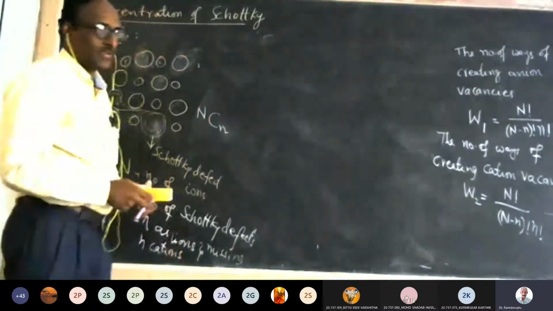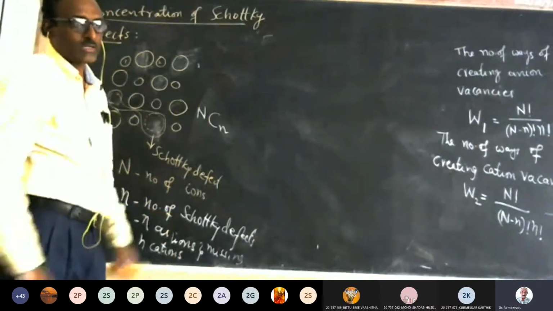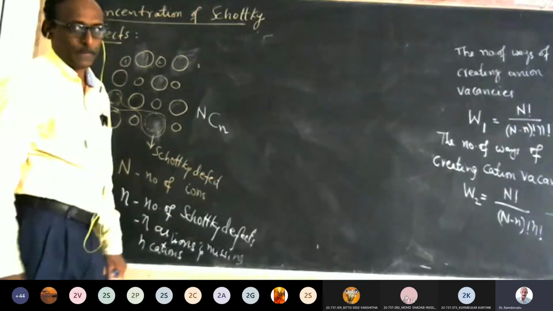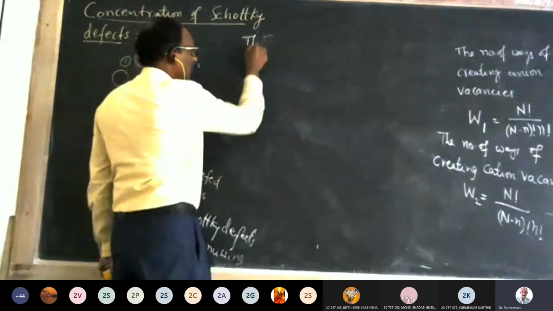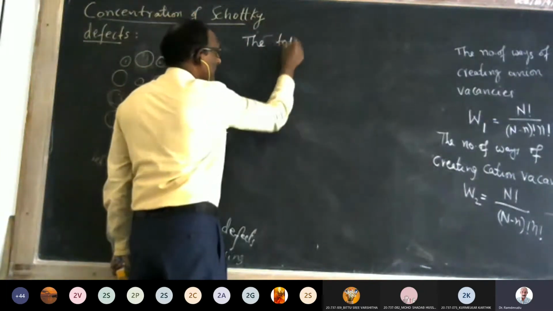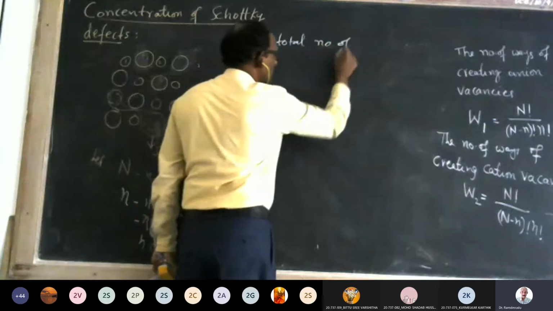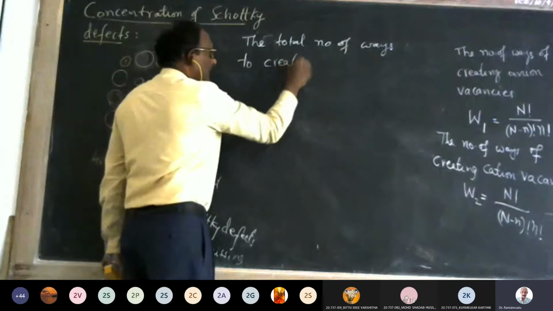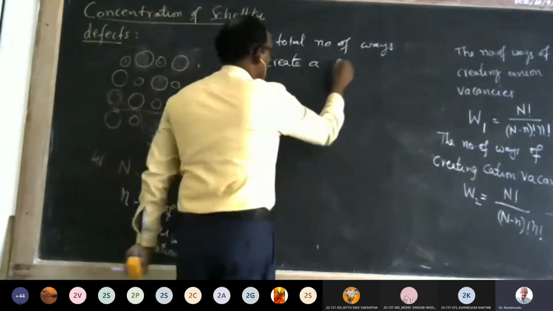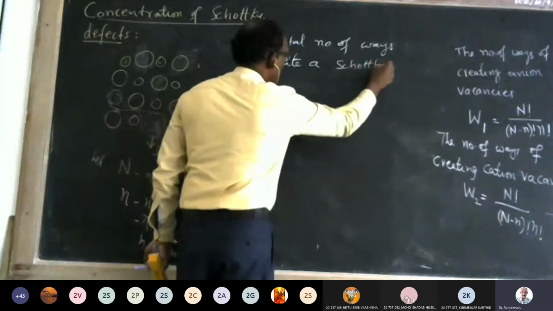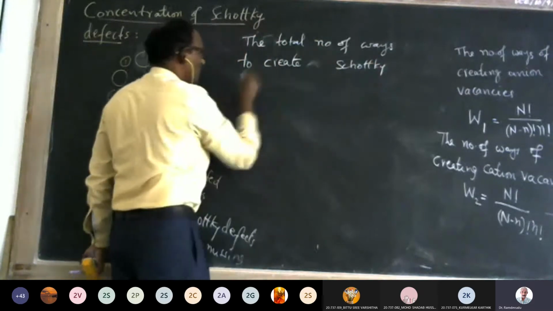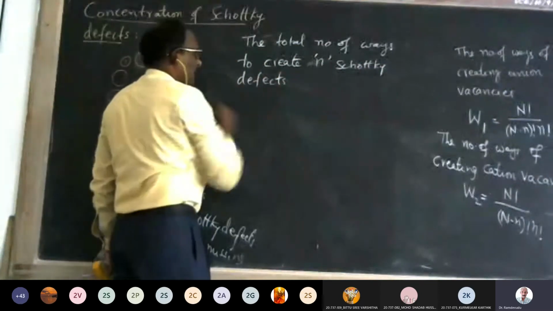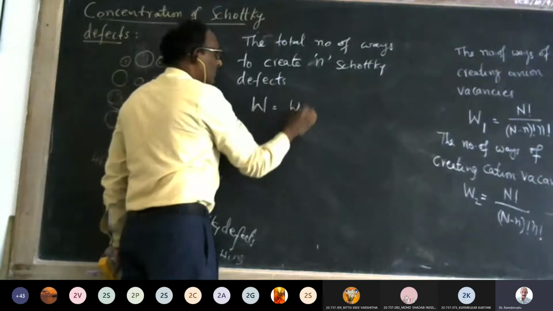And when you are taking such events which are independent, the resultant probability is P equal to P1 into P2. Thereby, I am writing here the total number of ways to create n Schottky defects: W is equal to W1 into W2.